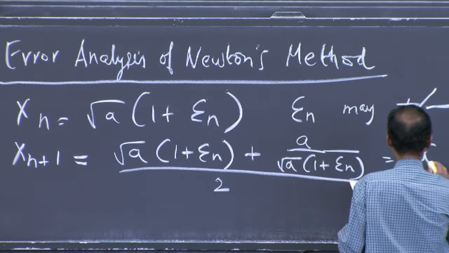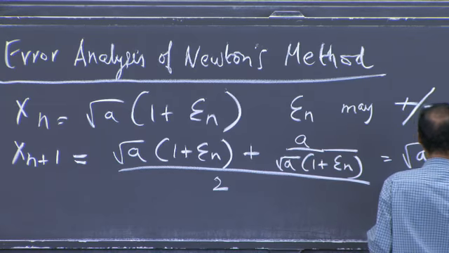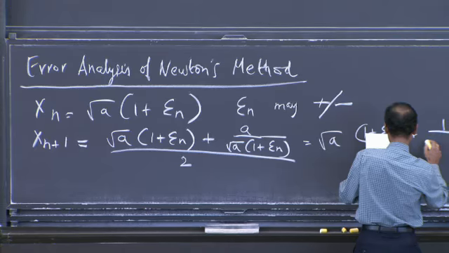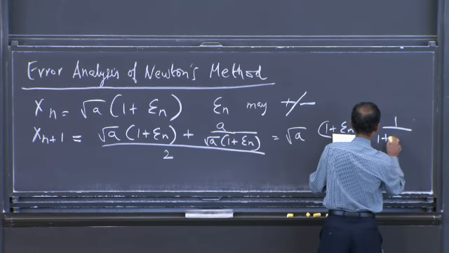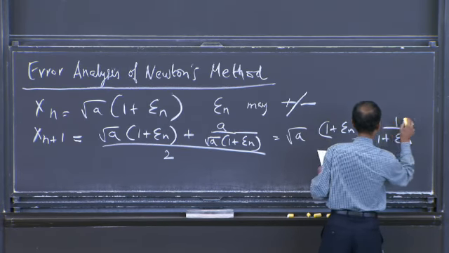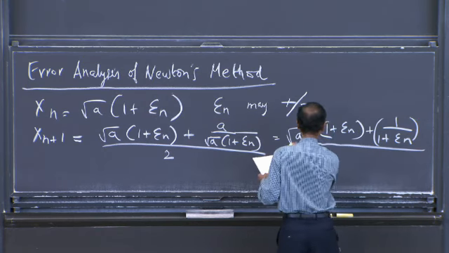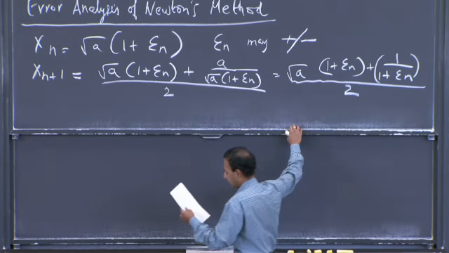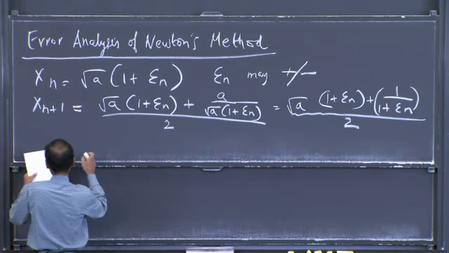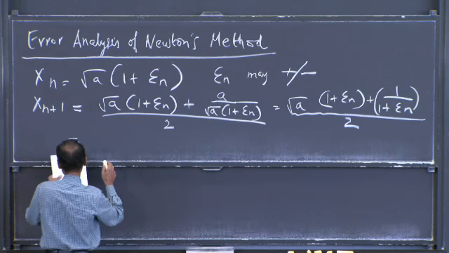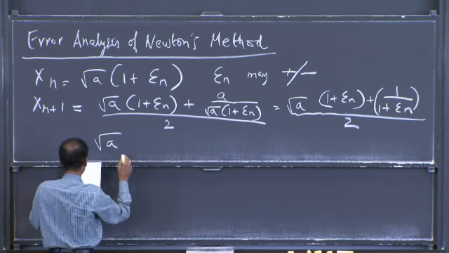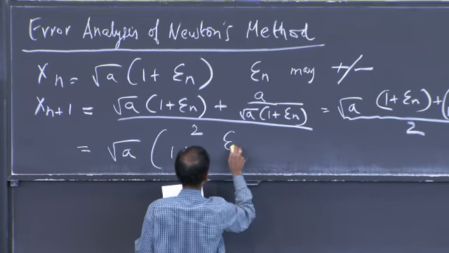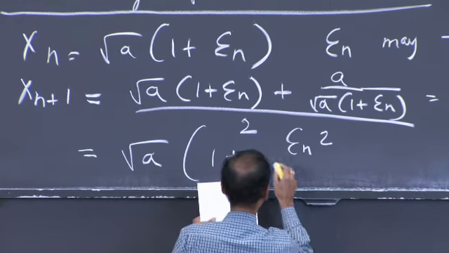You can pull out square root of a here, then you'll have 1 plus epsilon_n, plus 1 divided by 1 plus epsilon_n over here, the whole thing divided by 2. And if we keep going, there's one step that I'm skipping here in terms of simplification, but let me write this last result out.